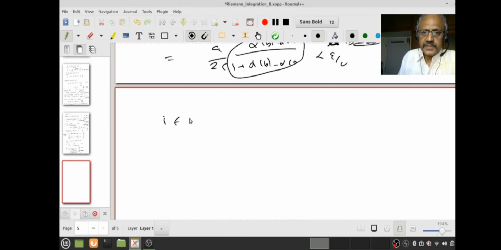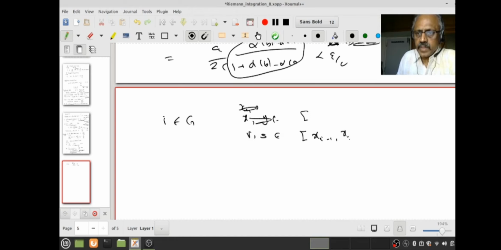If I is in G and X, Y are in R, let us say R and S are in [X_{i-1}, X_i]. Then what did we find out? f(R), f(S), where are they?